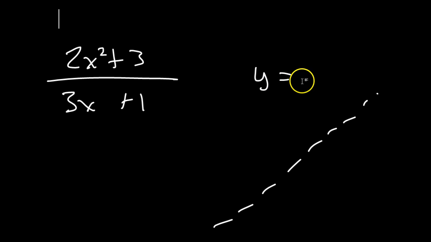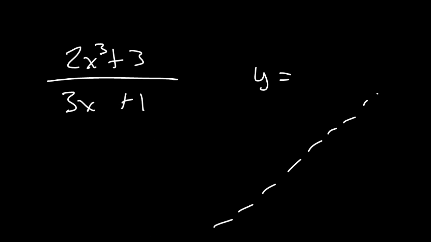Whatever you get is going to be the slant asymptote. So this would have a slant asymptote. If this was even bigger, like say if this was third power, well, that's more than 1 higher. So this wouldn't have any asymptote at all.